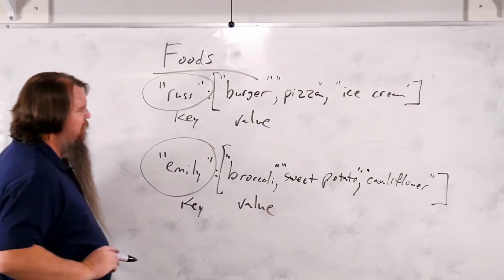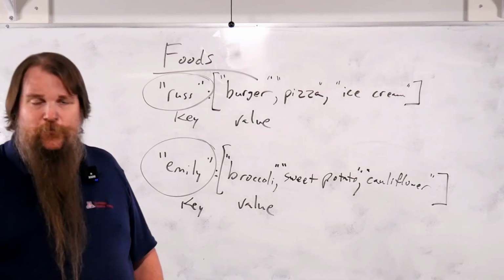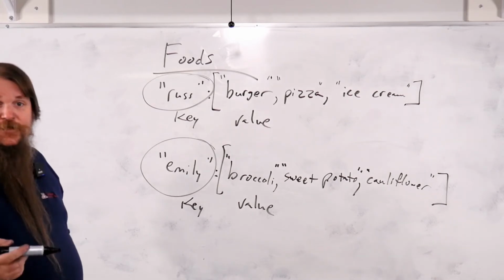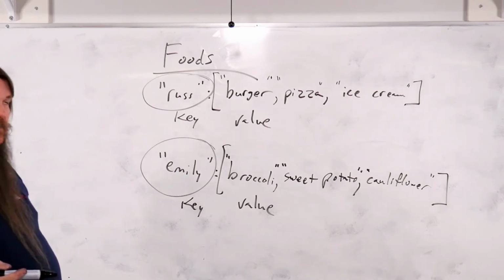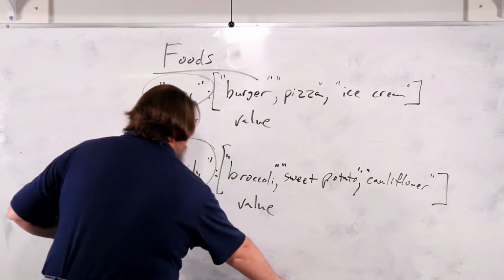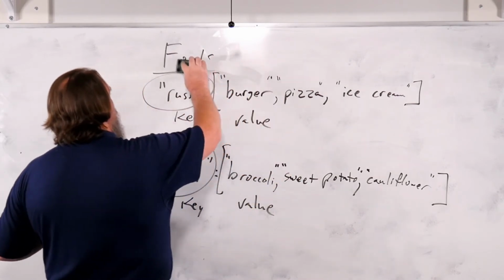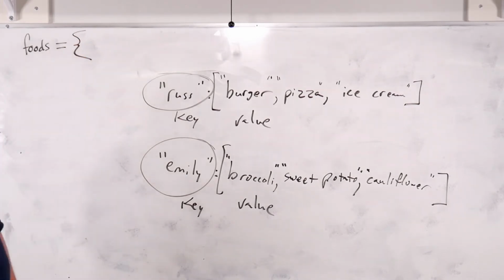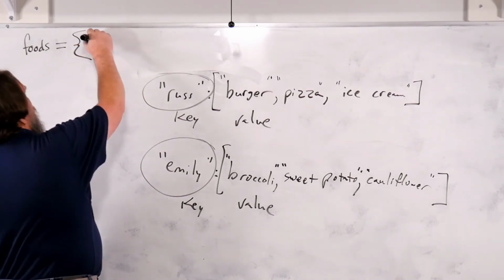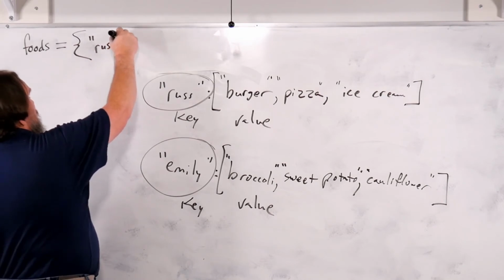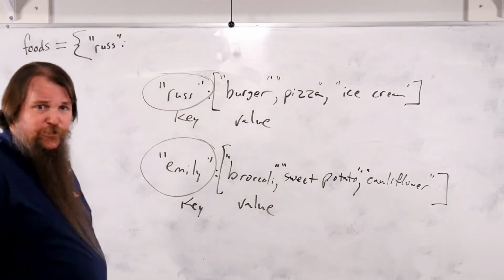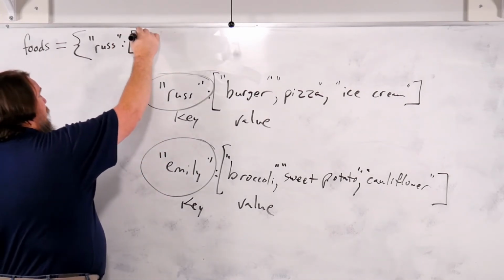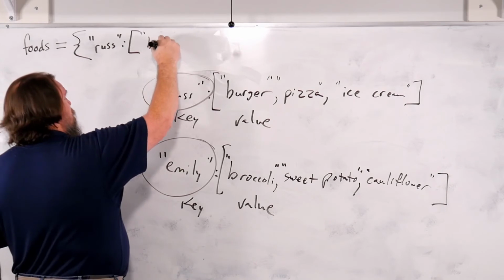What data structure do we have in Python that represents key value relationships? We have dictionaries. So really, to store this, foods equals a dictionary where the string Russ is a key that maps to an array of strings.